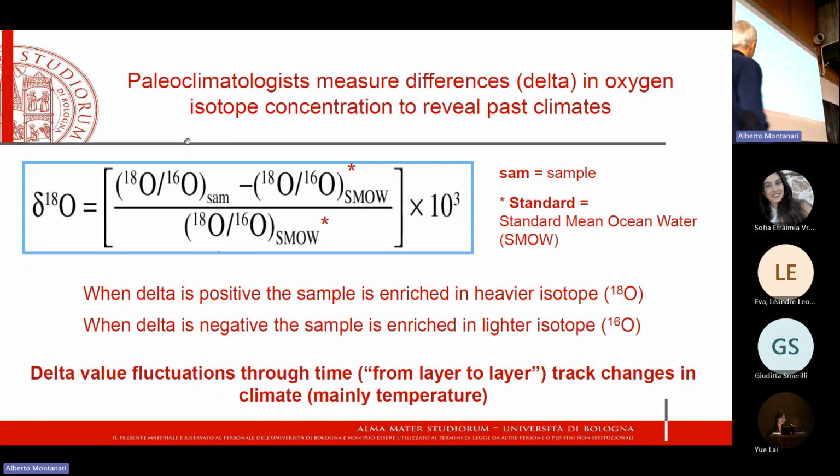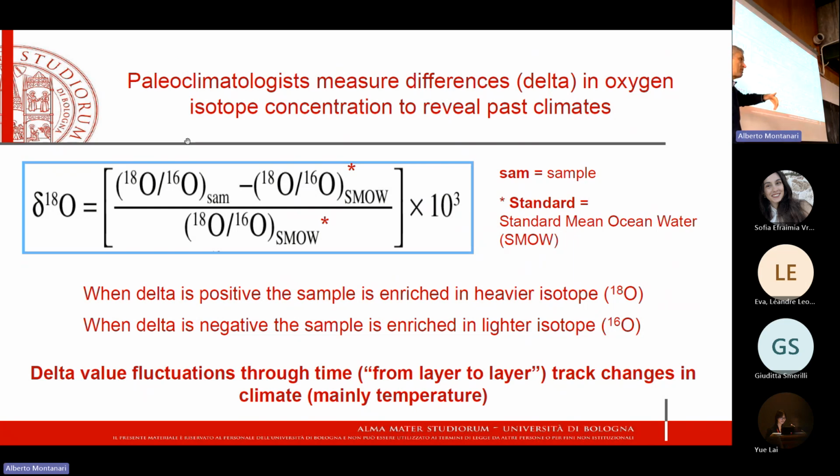Okay, so when, earlier I said sigma, this is a delta. I'm sorry for the confusion. When I name Greek letters, I always make mistakes. When delta is positive, the sample is enriched in the heavier isotope, of course, you see here. When delta is negative, the sample is enriched with the lighter isotope. Okay, so we look at this ratio, negative, positive.